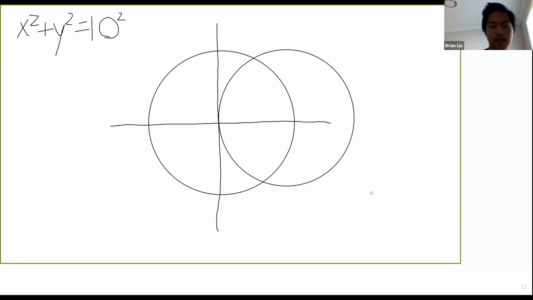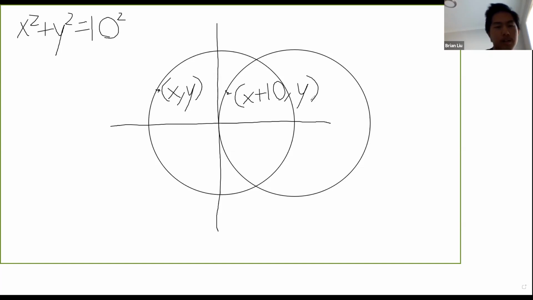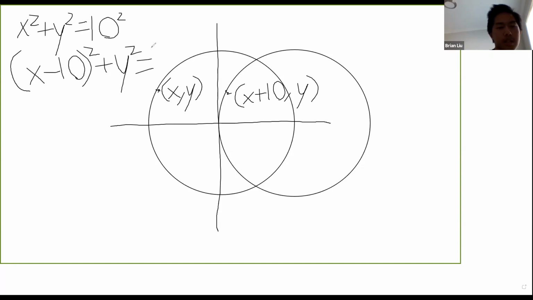So we had this circle here. And so what we did was we saw that in order to turn an x, y that satisfies the old equation into an x, y that is on the new circle, so x plus 10, y, we had to do x minus 10 squared plus y squared equals 10 squared.